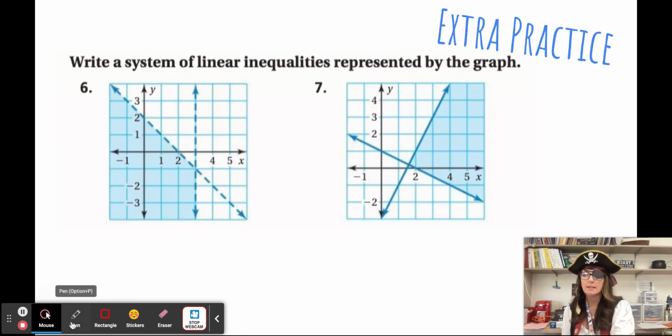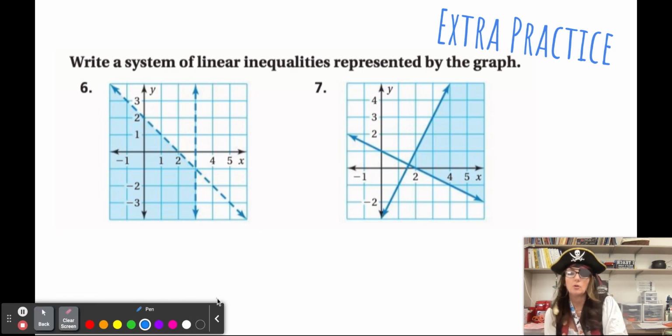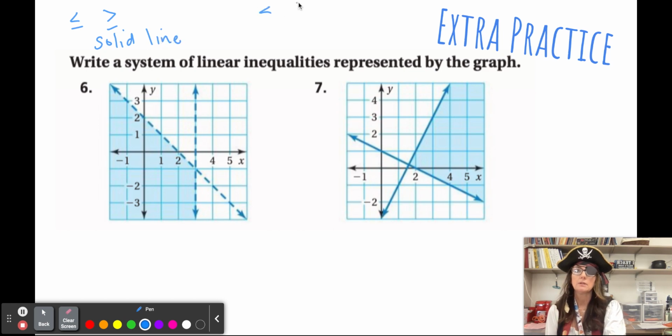All right, next up, we are going to write a system of linear inequalities. So again, when you have this, this is the solid line, so we can help with the symbols. This is the dashed.